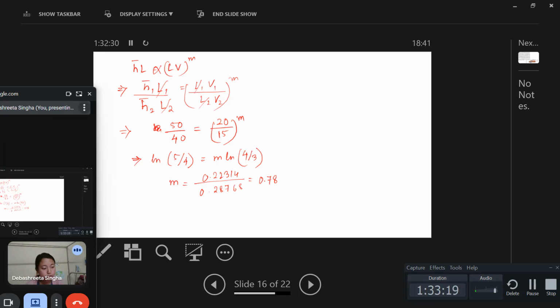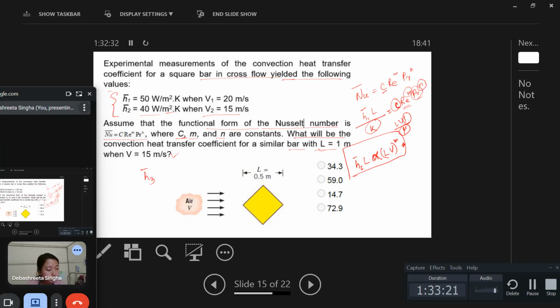Now they have asked to find the third heat transfer coefficient for a similar bar, but they have changed the dimension. That is L equal to 1 and V equal to 15. Among these two, you can take any one as the reference, so maybe the second one.